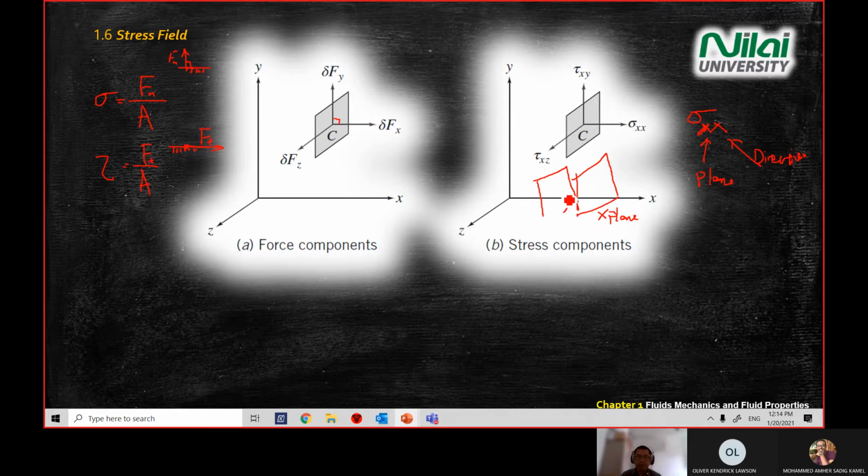When you're referring to the x plane, you use the symbol sigma, or stress, x. The first notation refers to the plane. The second one refers to the direction. For example, this direction is the x direction. That's why we have x here.